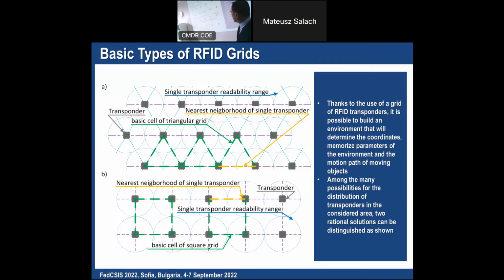To have a better idea which one of the grid is better, computer simulation has been prepared using MATLAB software, which allows us to get such information like how many transponders are within the reach of the robot.